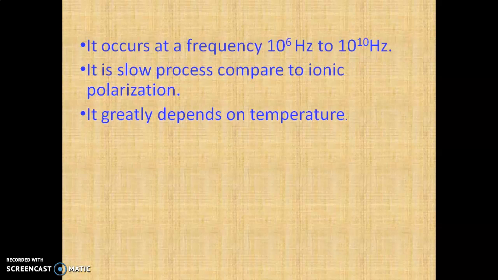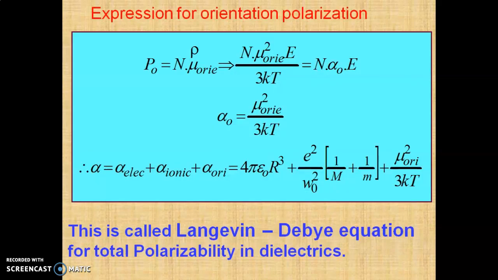For the expression of orientation polarization, the polarizability alpha naught equals mu square divided by 3 kT, right? It has the temperature component, so it depends on temperature. As temperature increases, the polarizability decreases, because it is present in the denominator.